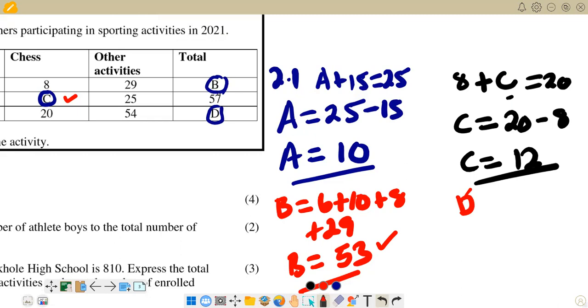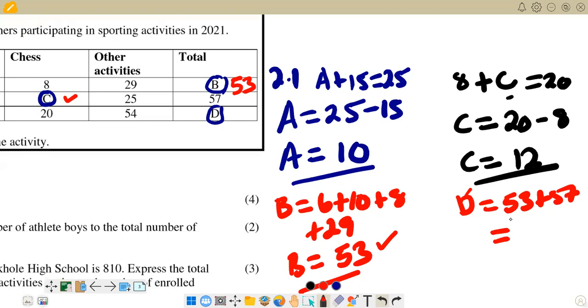So if you say B plus 57, we get D. Our B is 53, so we say 53 plus 57, you get your D. D is equal to 53 plus 57.